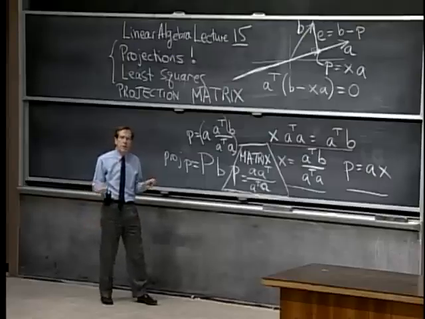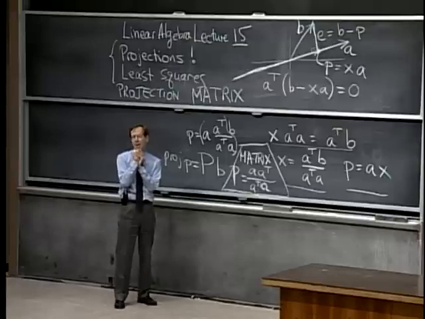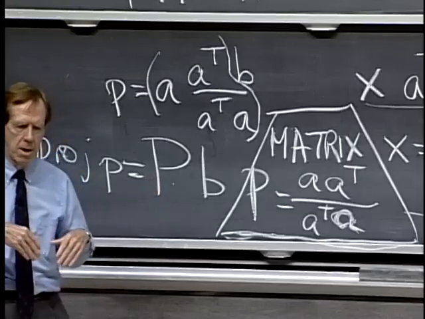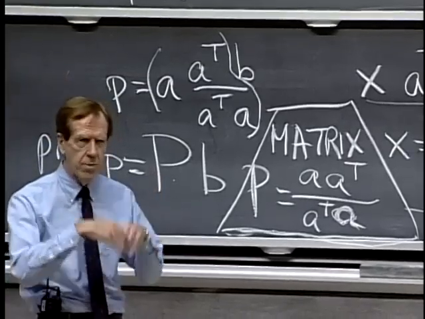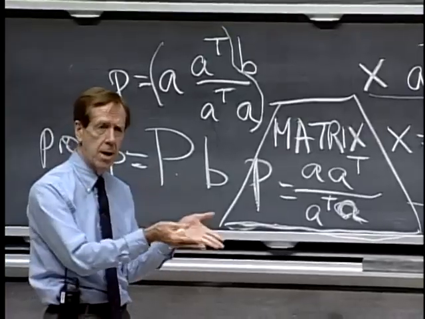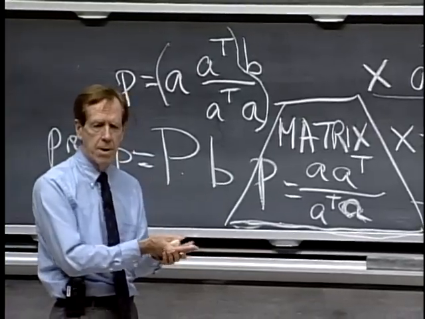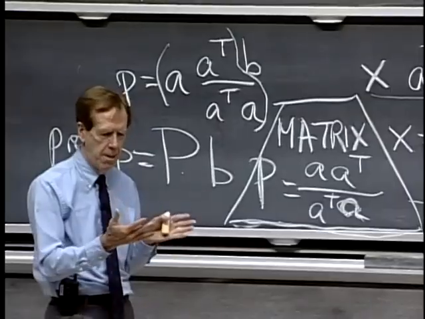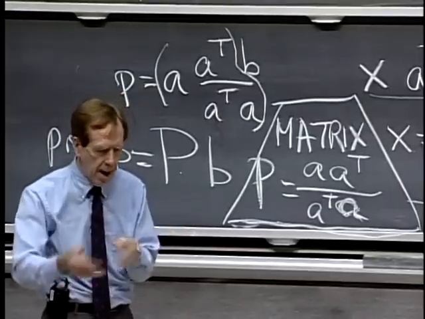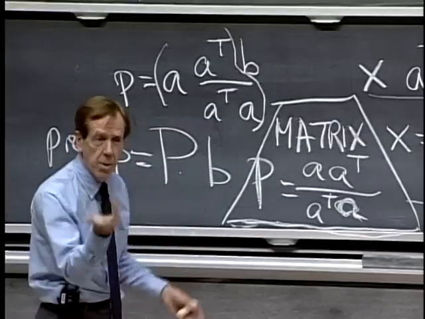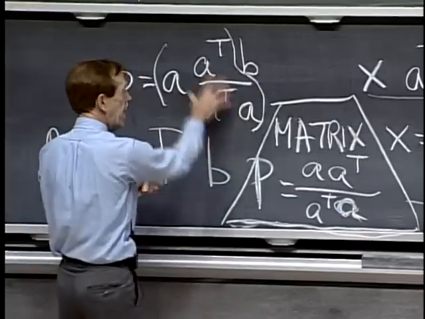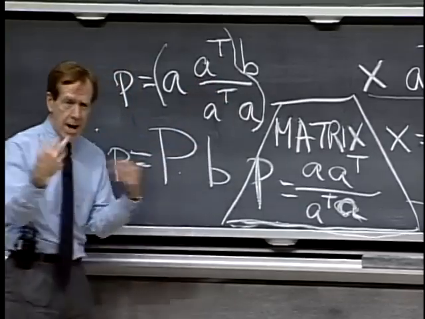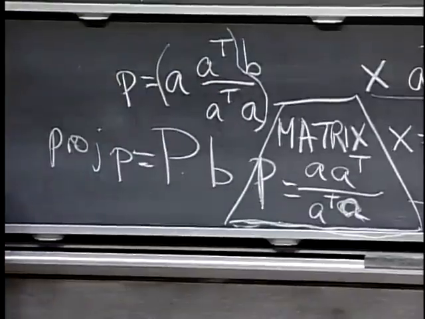Well, I could ask you about its column space. So what's the column space of a matrix? It's if you multiply that matrix by anything, you always get in the column space, right? The column space of a matrix is where you land when you multiply any vector B by that matrix. That's how column spaces work.